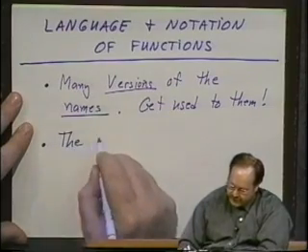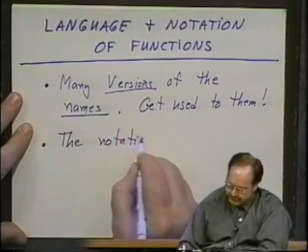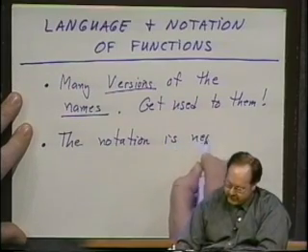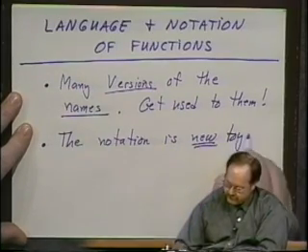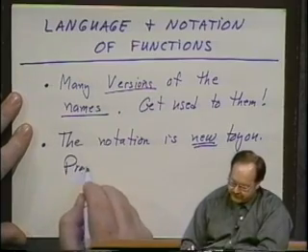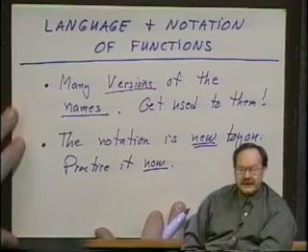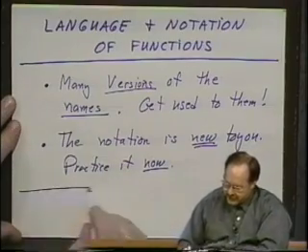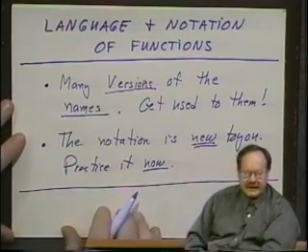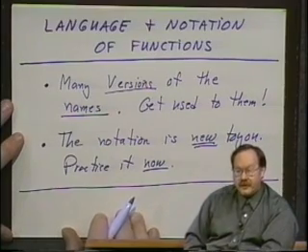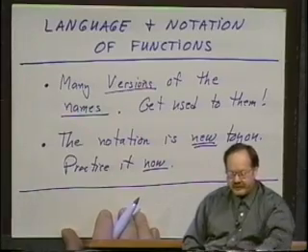Also, the notation is new to you, so practice it, and practice it now while we're doing this section, because if you don't, you'll find yourself falling back into patterns of older notation that looks like this notation, and you'll be wrong in those cases.